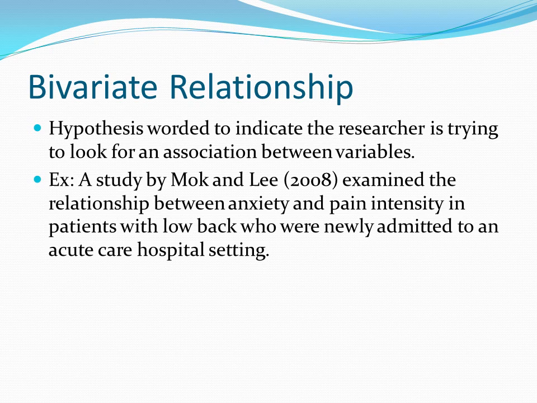With the bivariate relationship, when the researcher states their hypothesis, it's worded to indicate that the researcher is trying to look for an association between two variables. The example the book uses is a study by Mock and Lee from 2008 that examined the relationship between anxiety and pain intensity in patients with low back pain who were newly admitted to an acute care hospital setting.